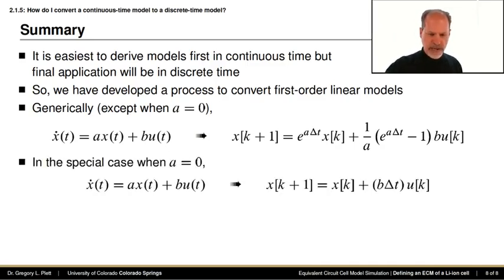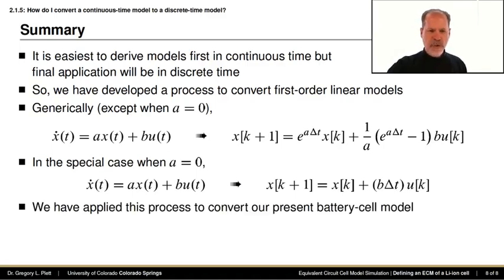In the special case where a equals 0, we had a slightly different result where x dot equals ax plus bu converts to next x equals present x plus b times delta t, all times this input signal u. And we applied this process to convert all of our continuous time cell model equations to discrete time.